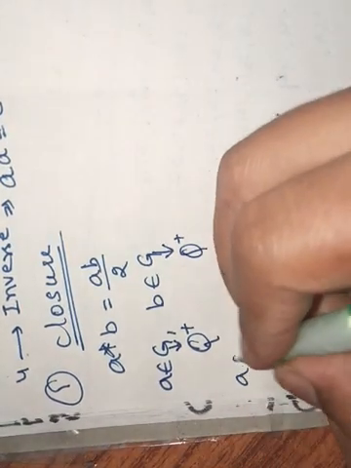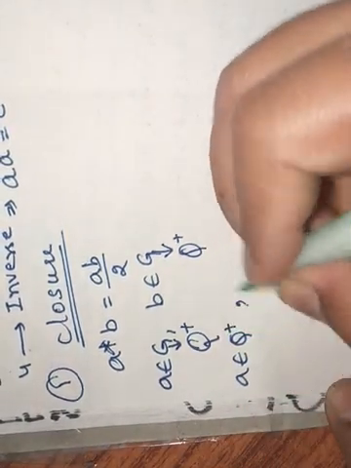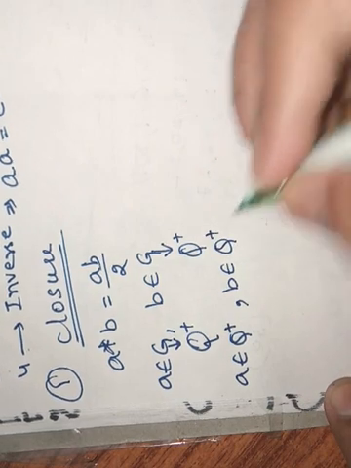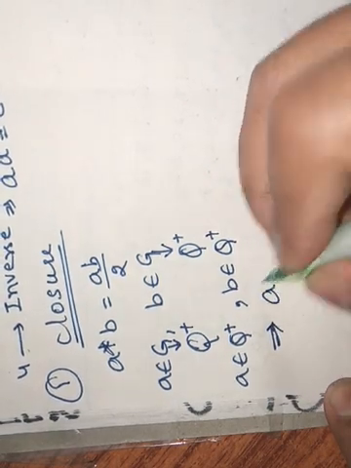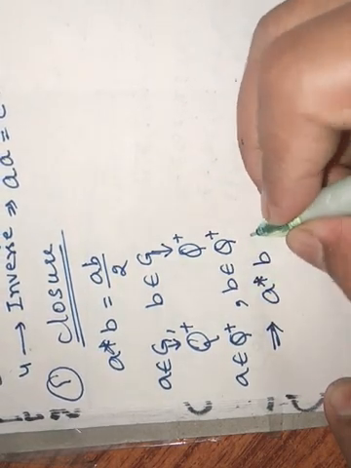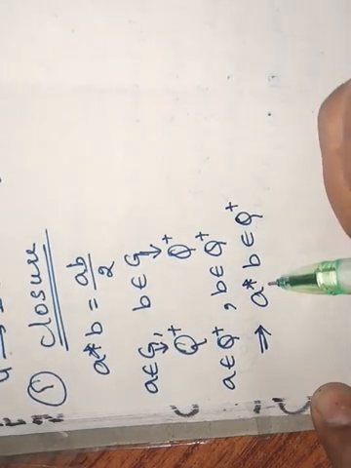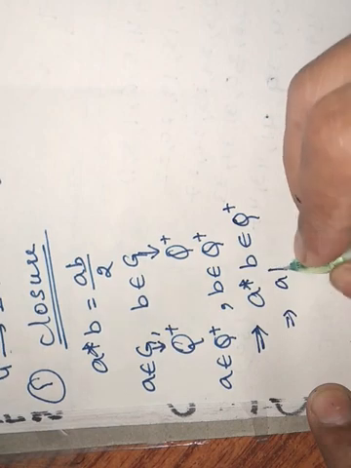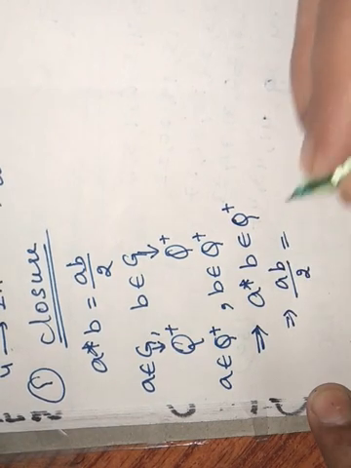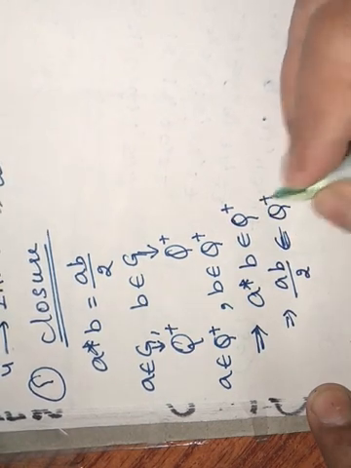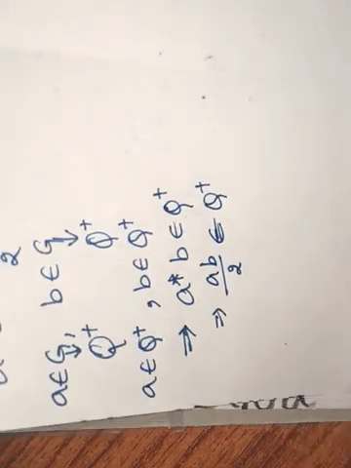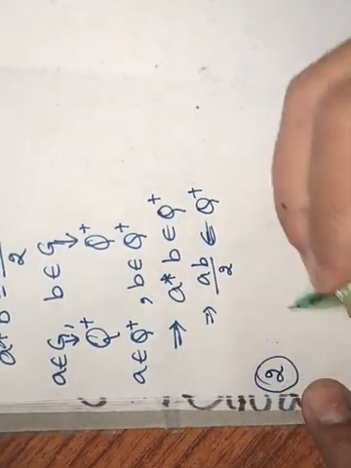A belongs to Q plus, B belongs to Q plus. That implies A star B belongs to Q plus. That is, A star B they have given in the question as AB by 2. I am substituting, AB by 2 belongs to Q plus. Hence, the closure property is satisfied.